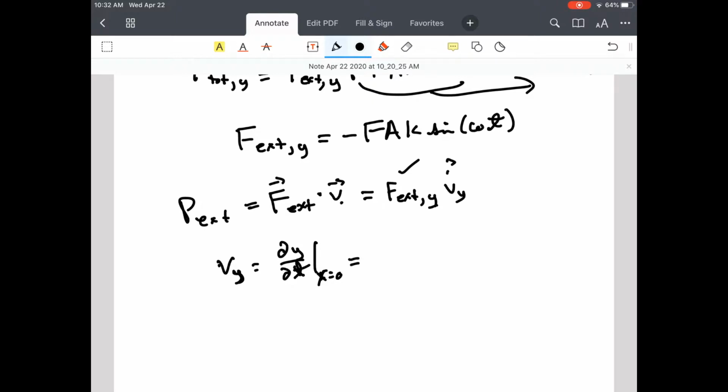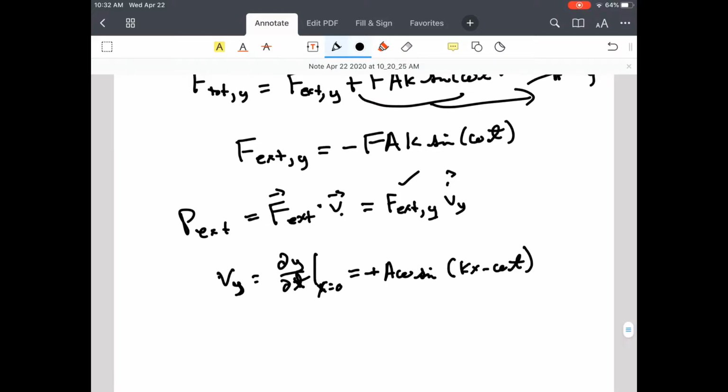So we take a derivative, we get negative a omega sine kx minus omega t. I'm sorry, that was negative a times negative omega, so that's positive a omega, sine of kx minus omega t. When I evaluate x equals 0, this guy goes away, and sine of negative omega t is negative sine omega t. So in other words, this is negative a omega sine of omega t at the boundary. All right, so I have the velocity, I have the force.